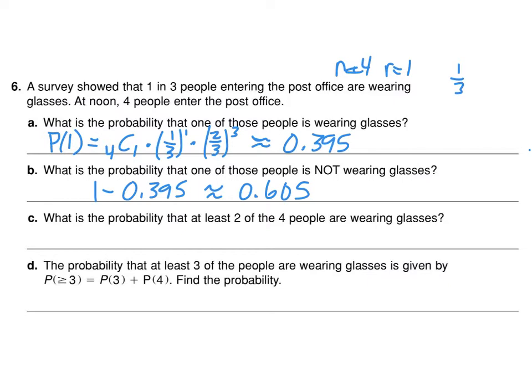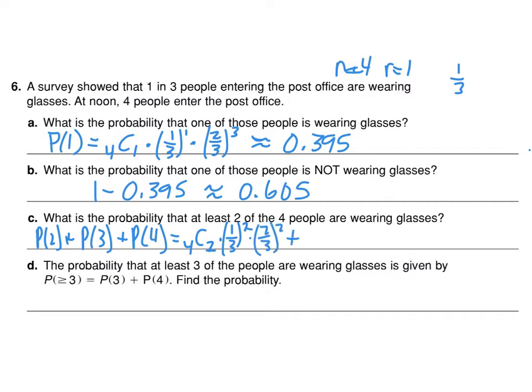Those calculations look something like this. To do P2, it's 4C2 times 1/3 to the 2 power, the r power, and 2/3 to the 4 minus 2, which is also 2.